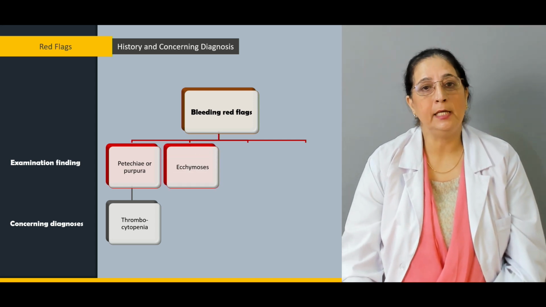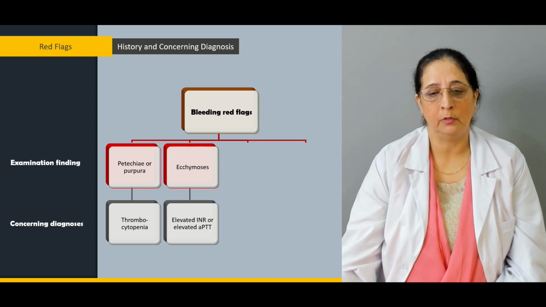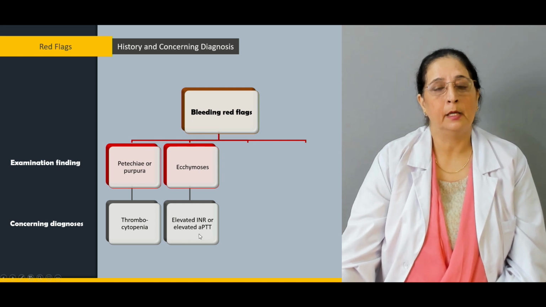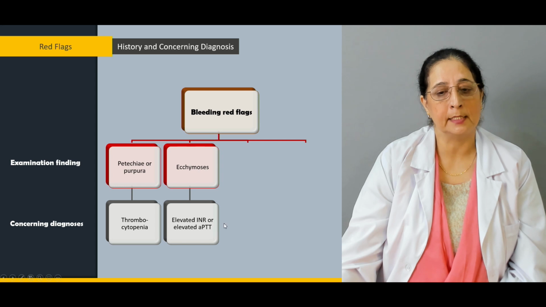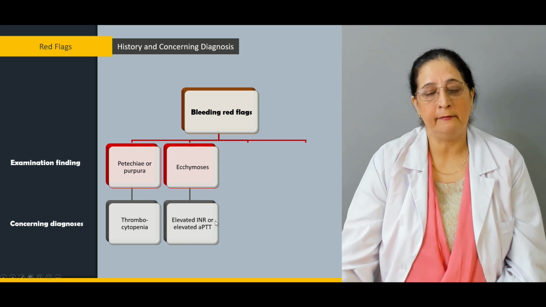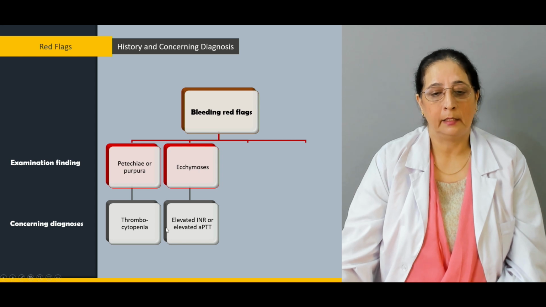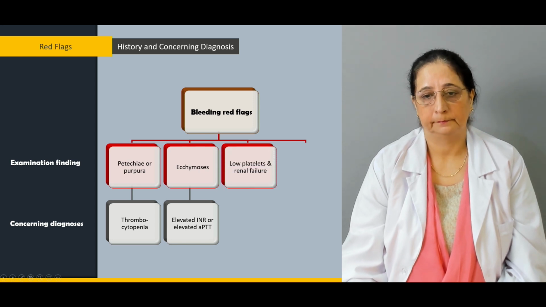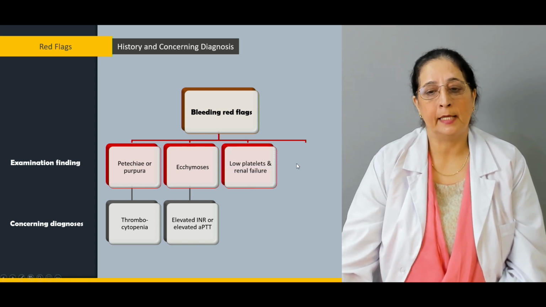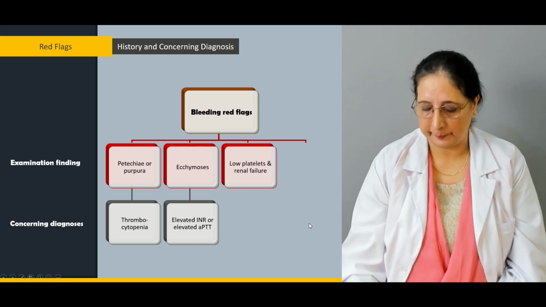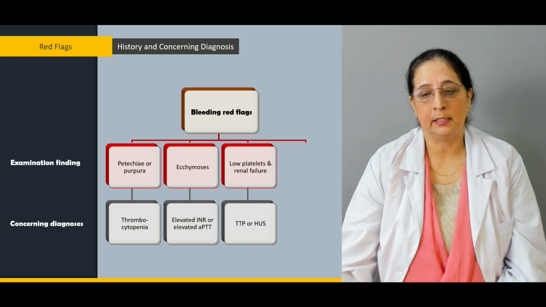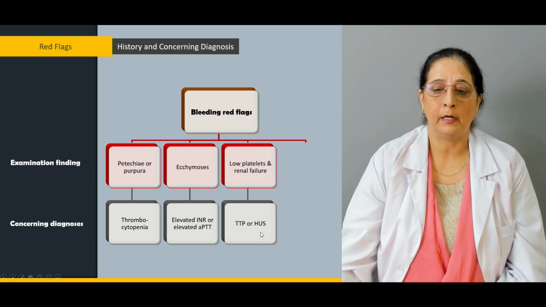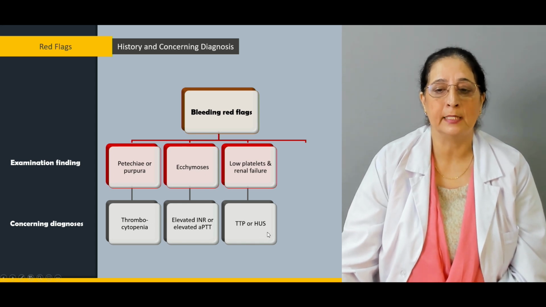Then if there is ecchymosis present, that's due to elevated INR or elevated partial thromboplastin time. So ecchymosis, elevated INR and elevated partial thromboplastin time. Low platelets and renal failure, if it's present, then we should suspect thrombotic thrombocytopenic purpura, or as we mentioned, hemolytic uremic syndrome.